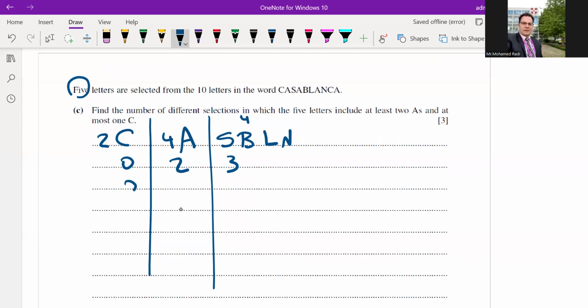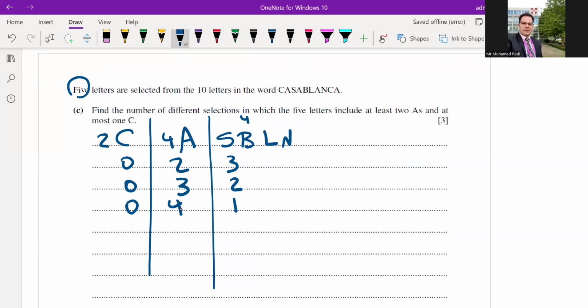If we have 0 C's, we can increase the number of A's because it's written at least 2. So if it is 3, how many are left? 2. If we take the 4 A's, how many are left? It's 1. Now we'll increase the number of C's.